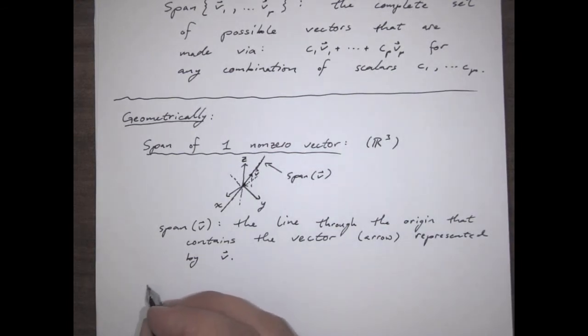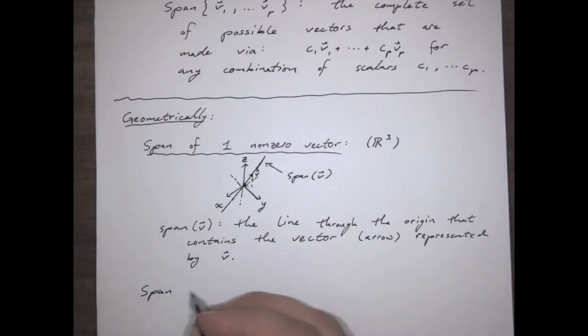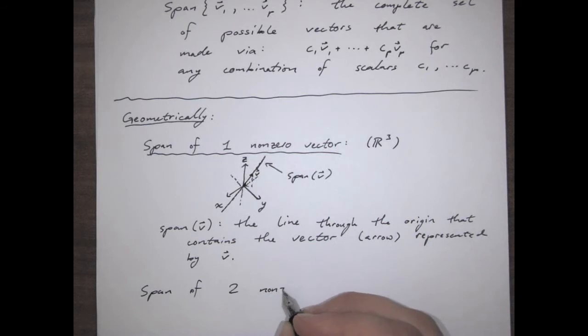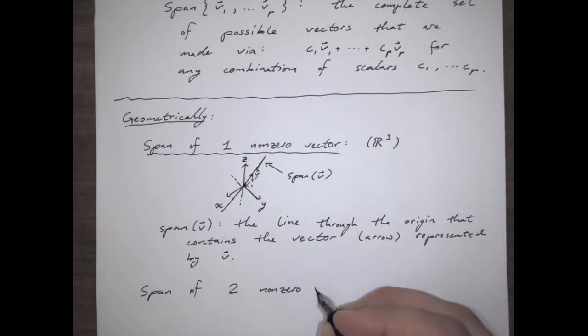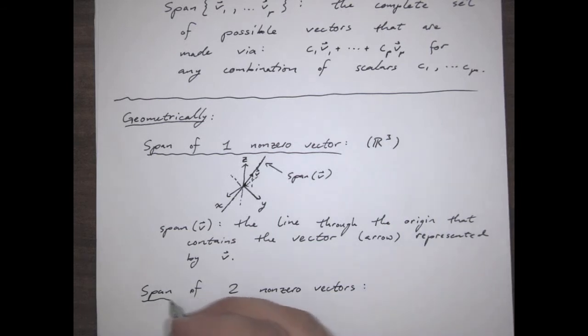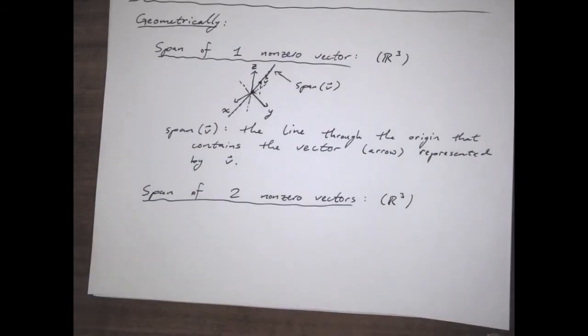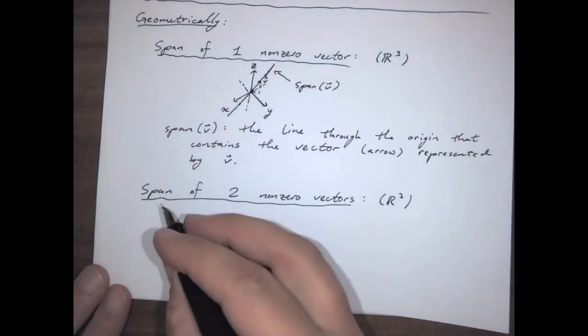Now, if we have the span of two non-zero vectors, again in R3, then we're talking about two different directions pointing out of the origin, and together we can always make a plane out of them.